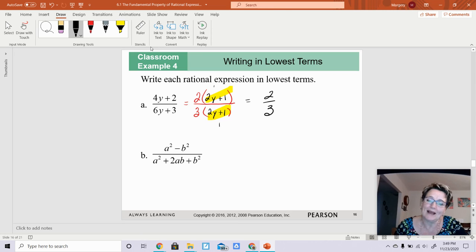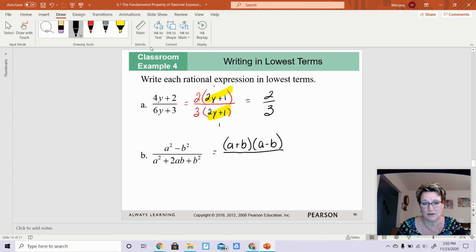Now, we have to remember what we learned in the last chapter. For the first part, this is actually known as the difference of squares. I know that because I could square root the first term, I could square root the last term, and they're separated by a minus sign. So I end up with a plus b times a minus b. That's a difference of squares, and there's a formula for that.